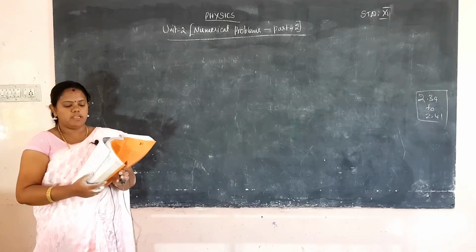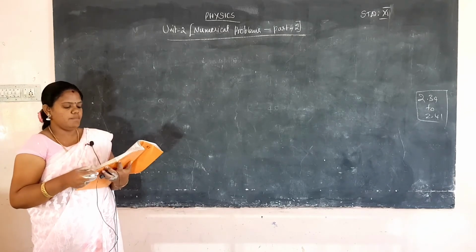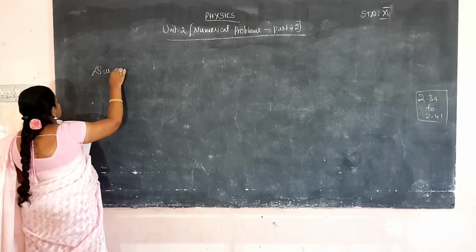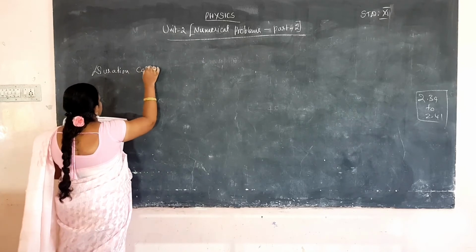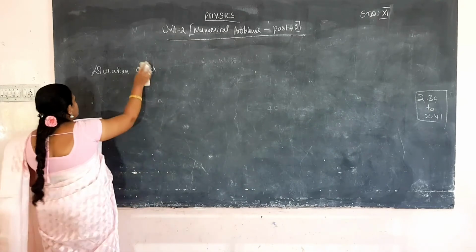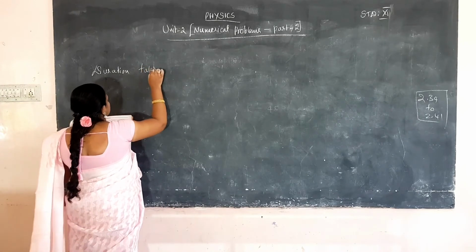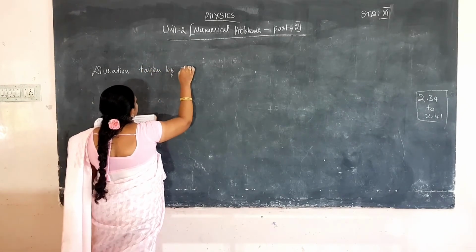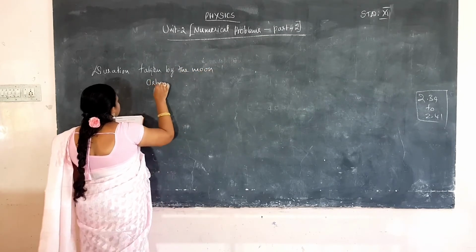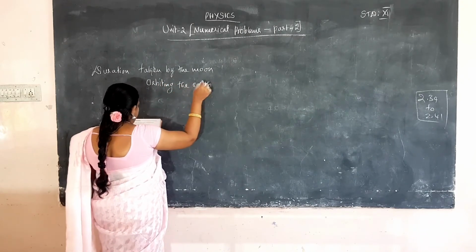The duration taken by the moon in orbiting the earth is 27 days. Okay, so the duration taken by the moon in orbiting the earth will be equal to 27 days.